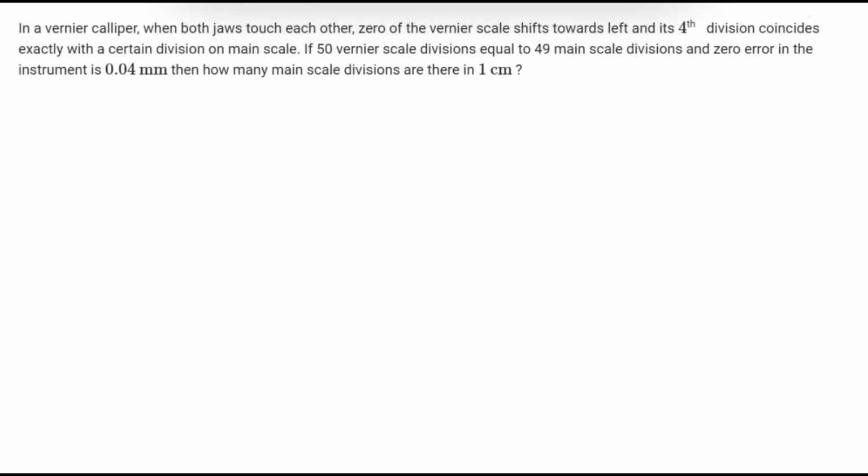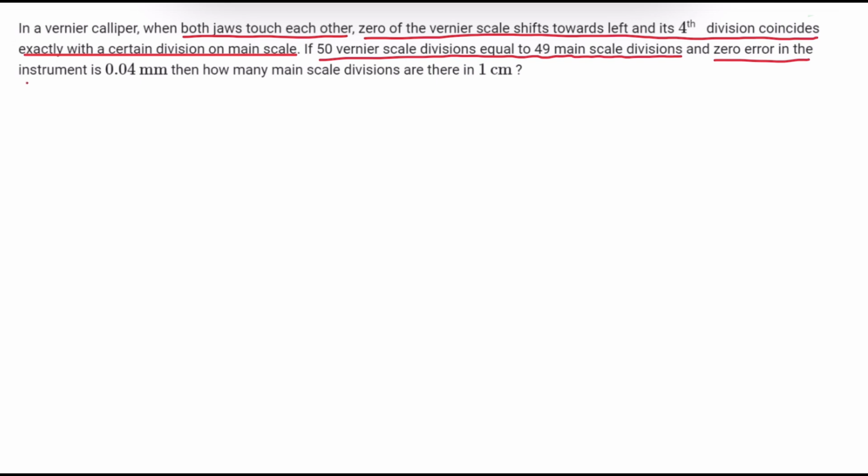Here's the next question. Let's read it. In a vernier calipers, when both jaws are touching each other, the zero of the vernier scale shifts towards the left, and its fourth division coincides exactly with a certain division on the main scale. If 50 vernier scale divisions are equal to 49 main scale divisions, and the zero error in the instrument is 0.04 millimeters, then how many main scale divisions are there in 1 centimeter?